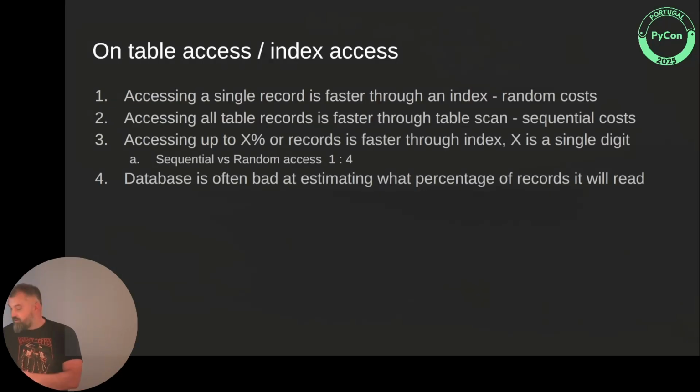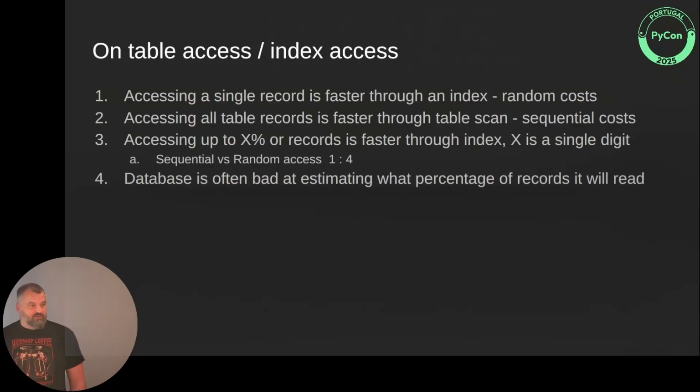Out of this, it should be obvious that if we need to access a single record from the table, then it's much faster to do this through the index and pay this high random access cost. If we access all table records, it's probably cheaper just to scan the whole table. And then there's something in between.